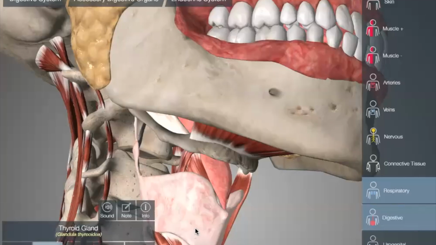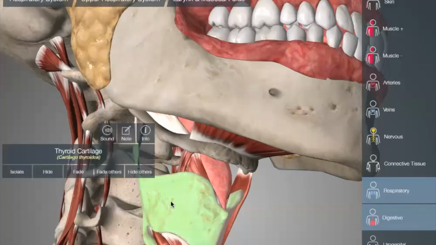So far, we have discussed the muscles, extrinsic and intrinsic. We have discussed the parts of the larynx: supraglottis, glottis, infraglottis. We have discussed the cartilages and the intrinsic muscles. And finally, we have the folds, ligaments, and membranes.